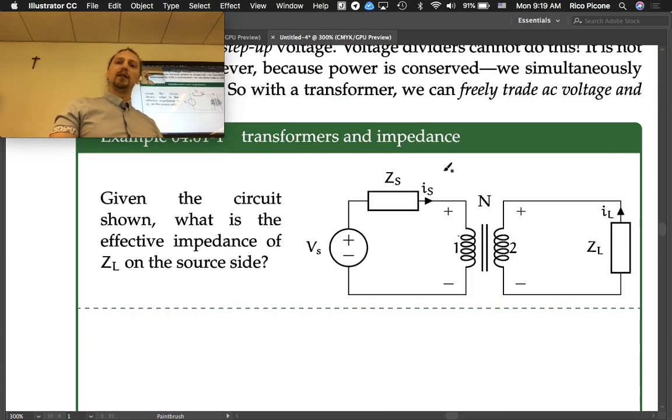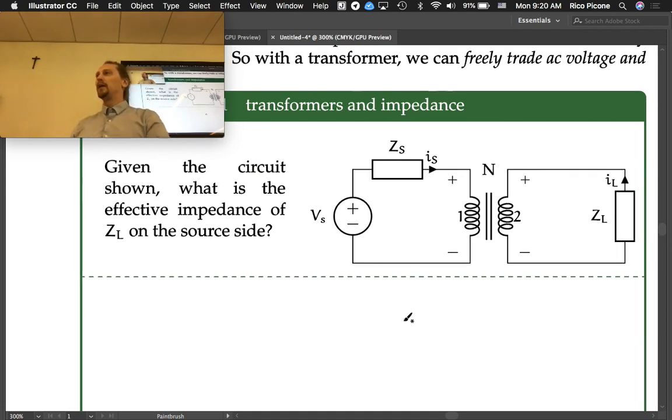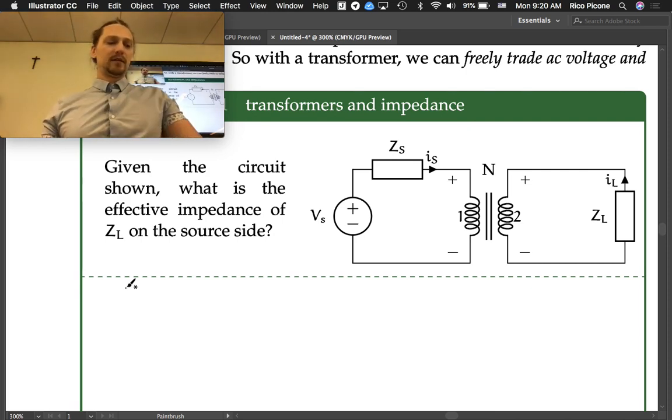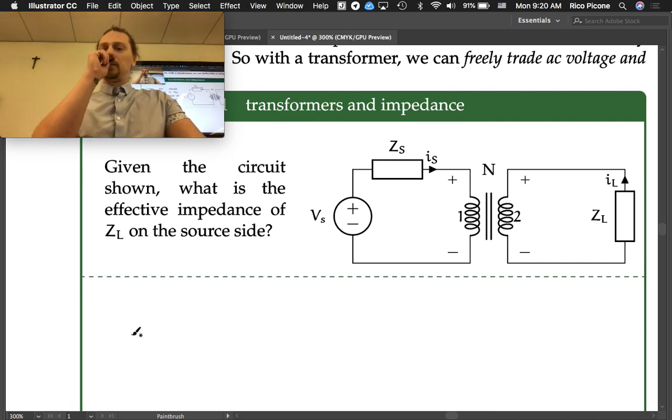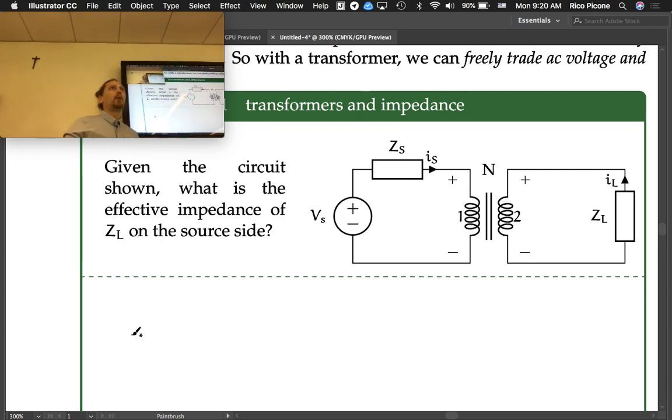Okay, so we've got our circuit. We can use our chapter 3 methods of analysis. I'm actually going to try to lead us, we're interested in something really specific in this problem.